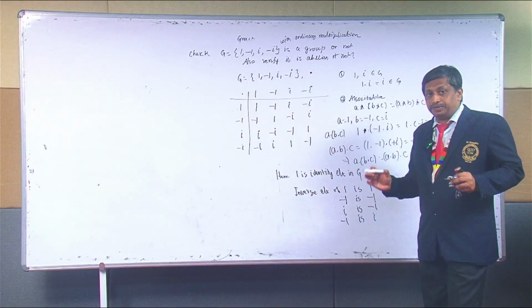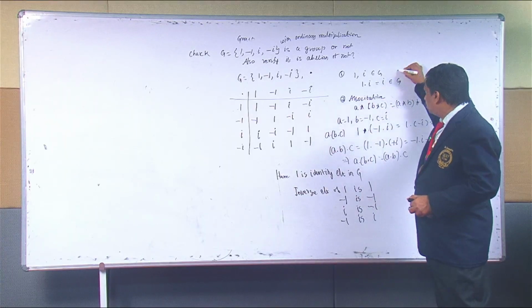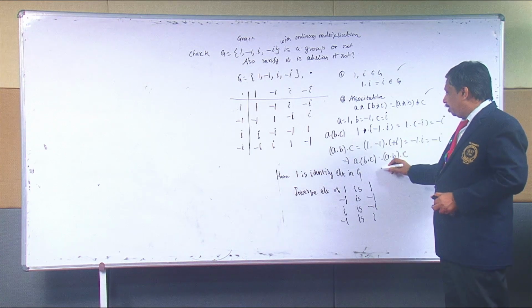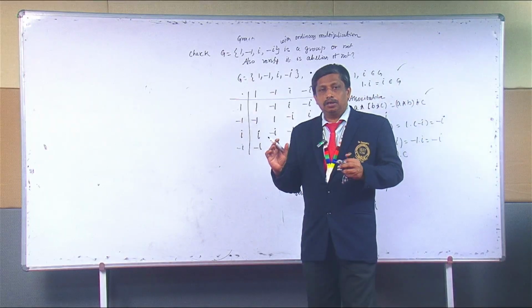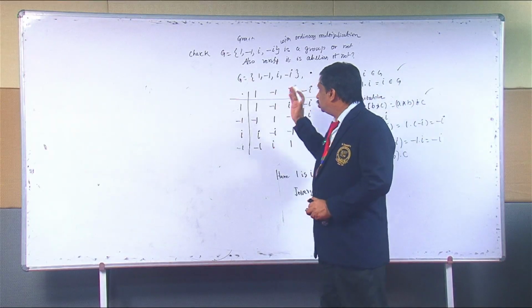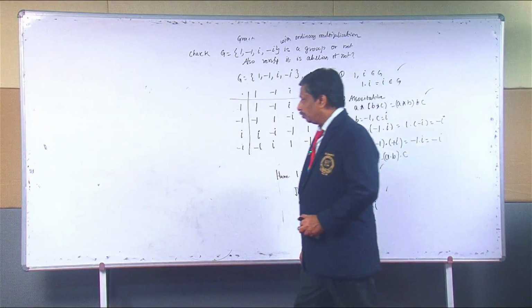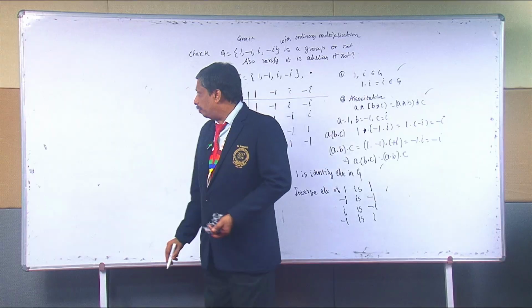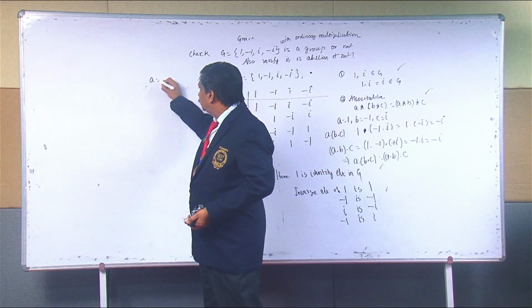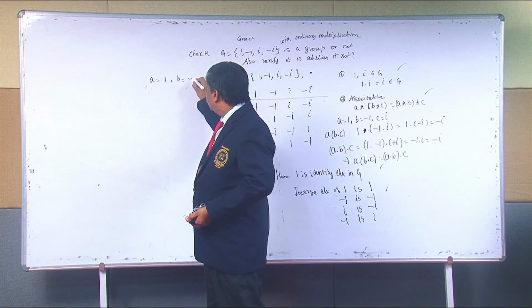Therefore, it becomes a group because it satisfies the closure, associative, identity and inverse properties. Now we want to check whether it is an abelian group or not. For an abelian group, it must satisfy the commutative property. So we choose two numbers, a equal to 1 and b equal to -i.